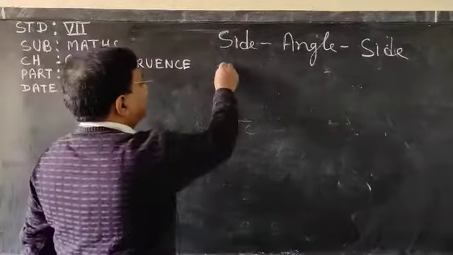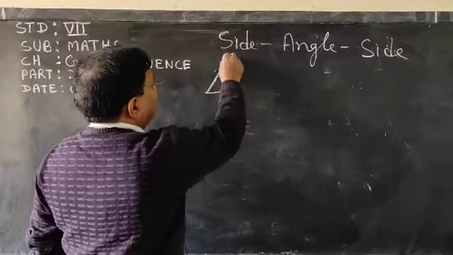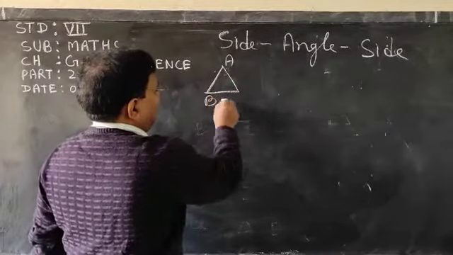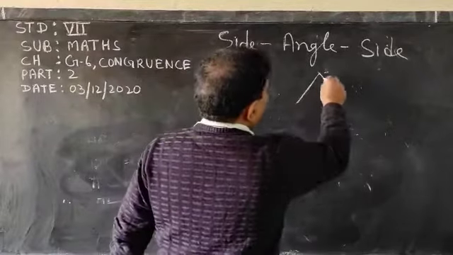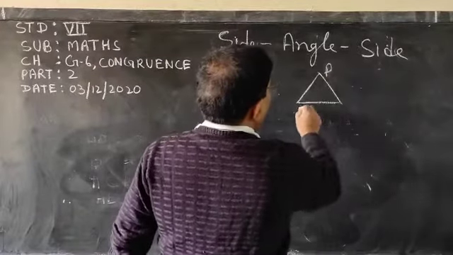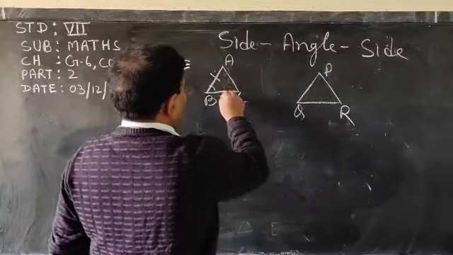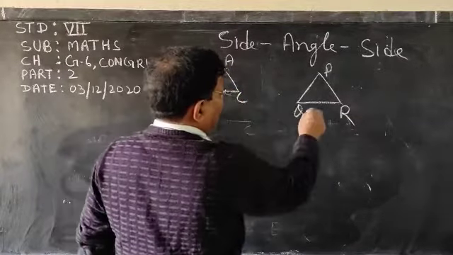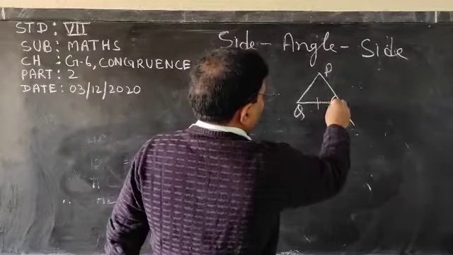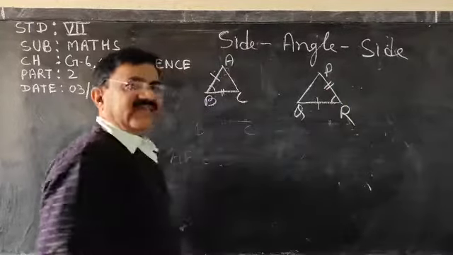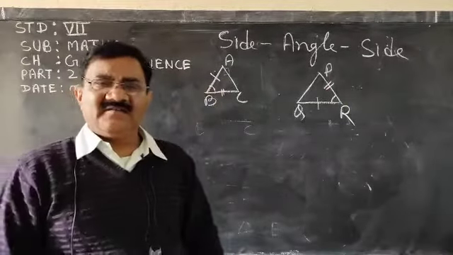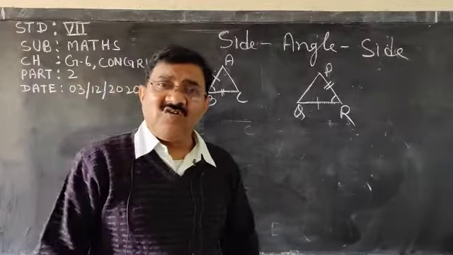I am writing here triangle ABC and here PQR. Are these triangles congruent? Yes, they are congruent.